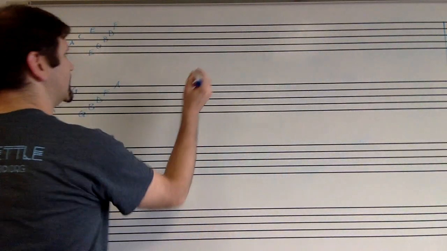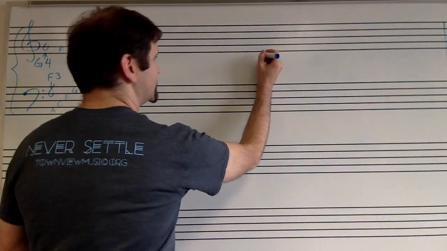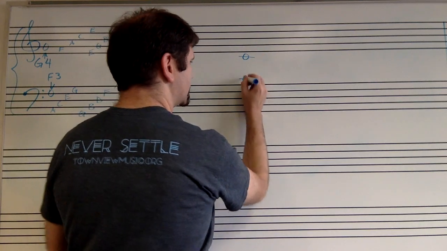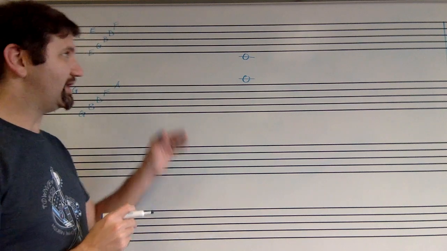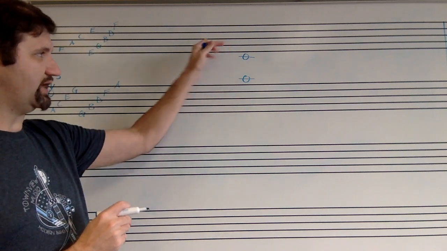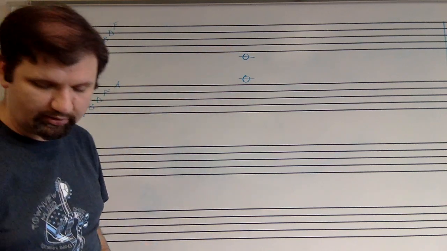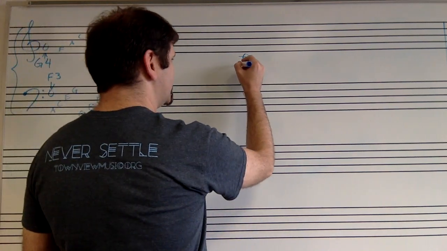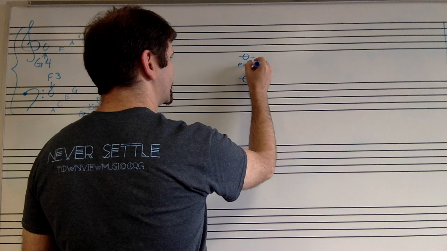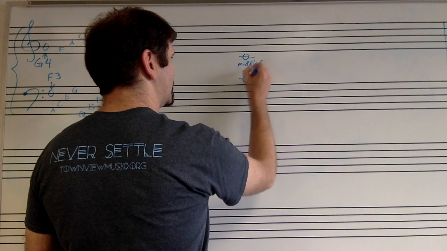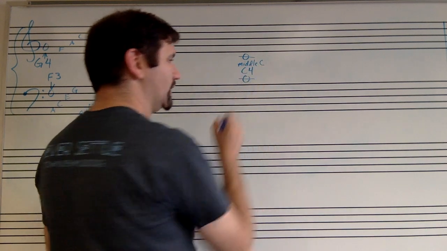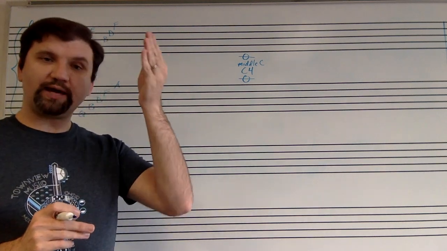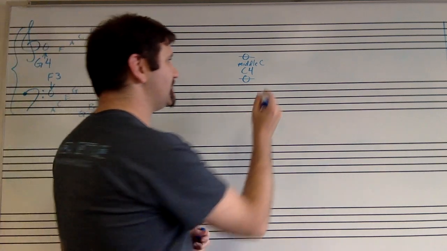So what does that look like on the staff? Well, if middle C is right here, we talked about before that that is the same pitch, that and that are both the same number. So middle C, which is C4, and we think about from C all the way up to B is the same octave.